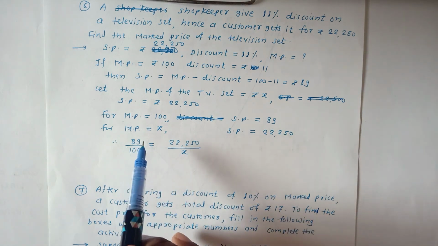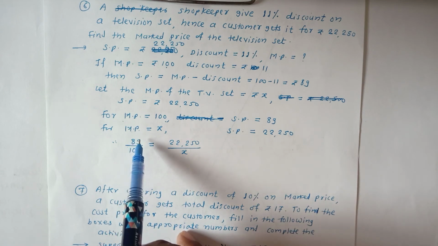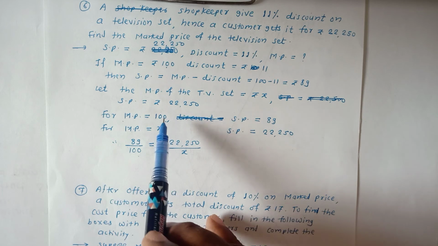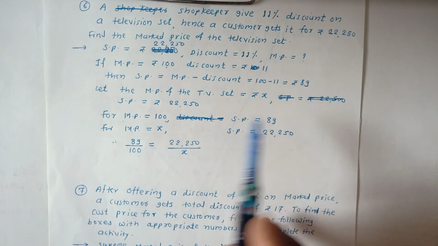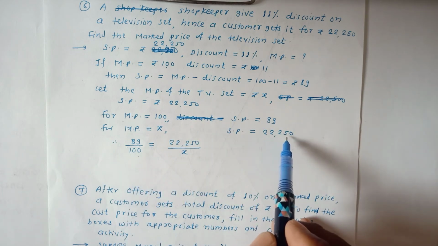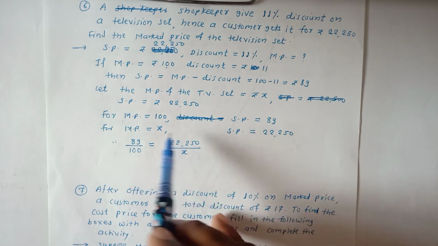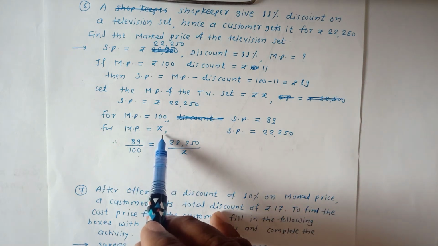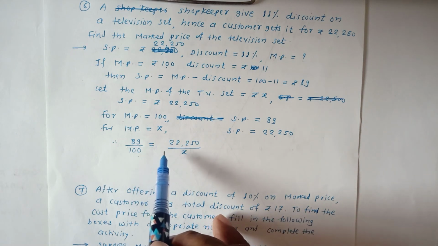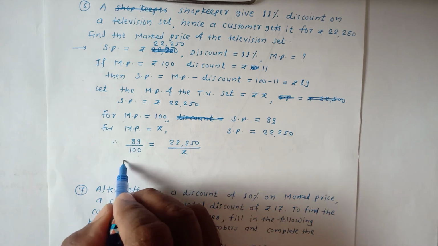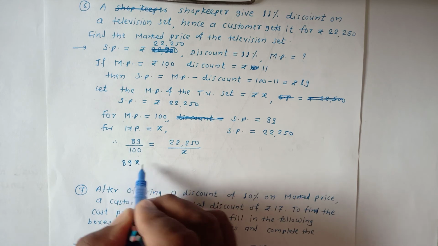So the ratio of selling price 89 upon mark price 100 is equal to selling price 22,250 upon mark price X. This ratio must be equal. From this, take cross multiplication.